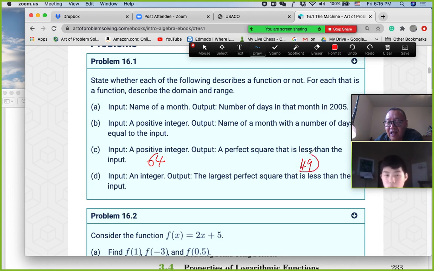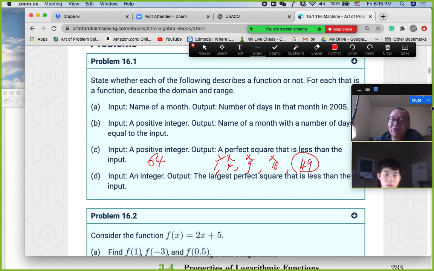They ask you for the largest number that is less than this number. So the only output for this input is 49. You cannot say 16 and 9 and 4 and 1. These four numbers do not satisfy this requirement because they are less than 49. Okay, so this one is a function.